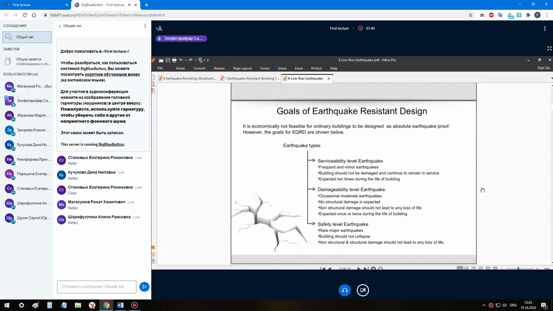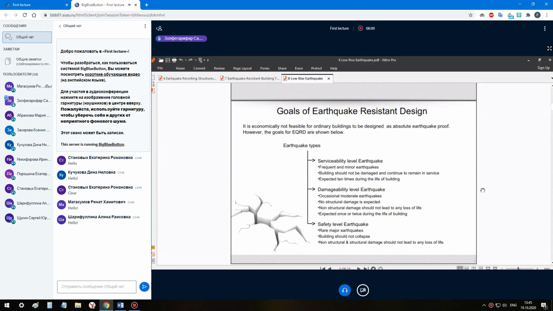We have 3 types of earthquake design, as shown in these diagrams in this slide.